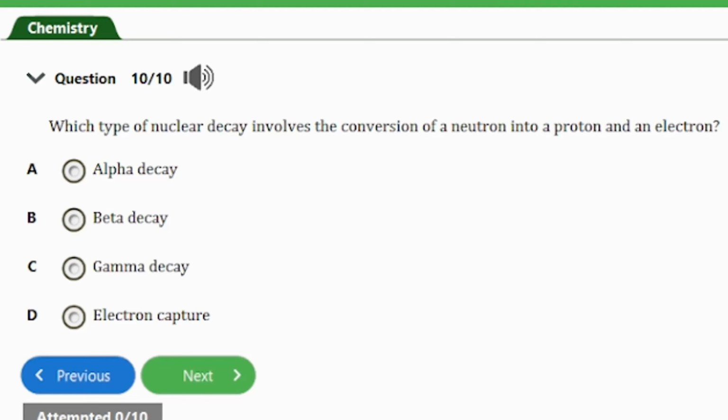So the proton remains in the nucleus while the electron, which is the beta particle, is emitted from the nucleus. So the beta decay increases the atomic number by 1 while actually keeping the mass number unchanged. So that's how it works.